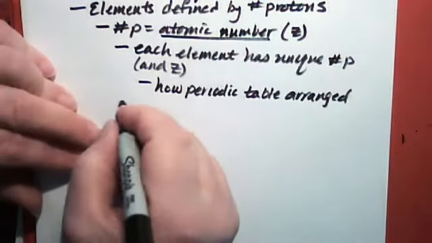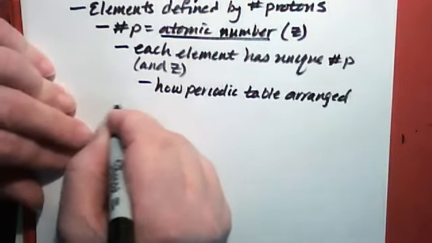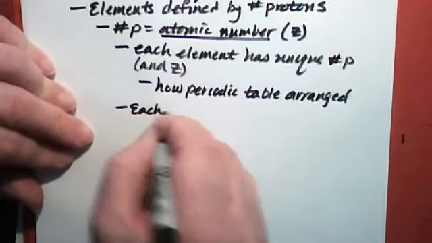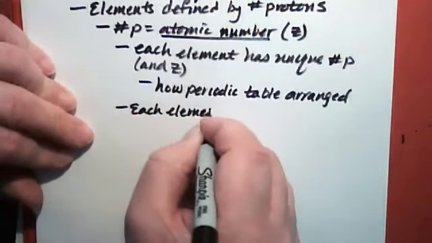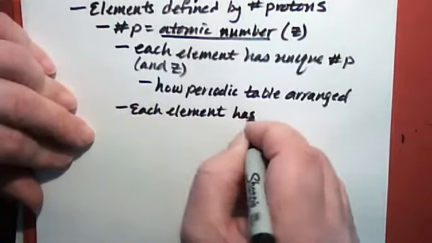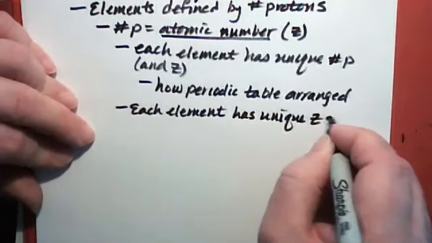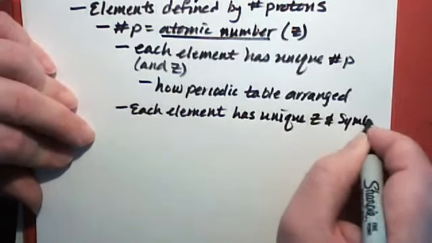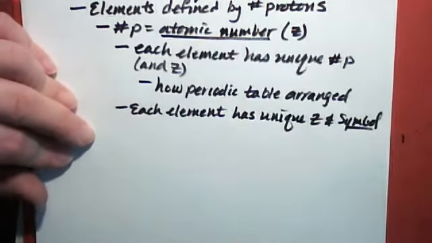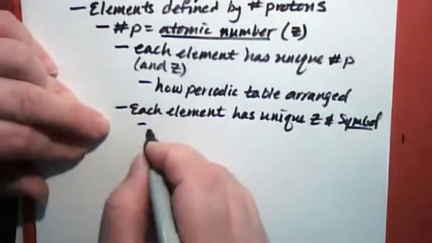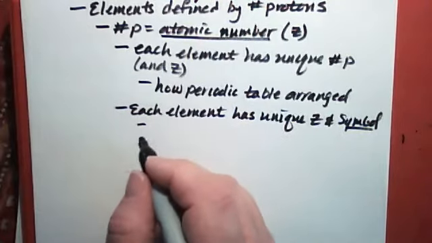Each element also has its own symbol. The symbol for each element would be the letters that are in each square.